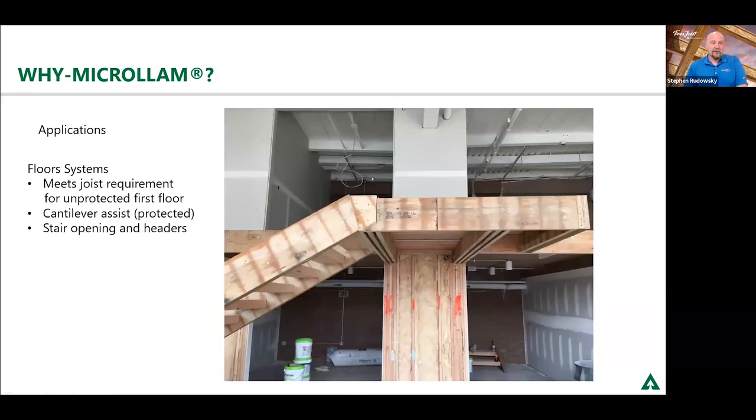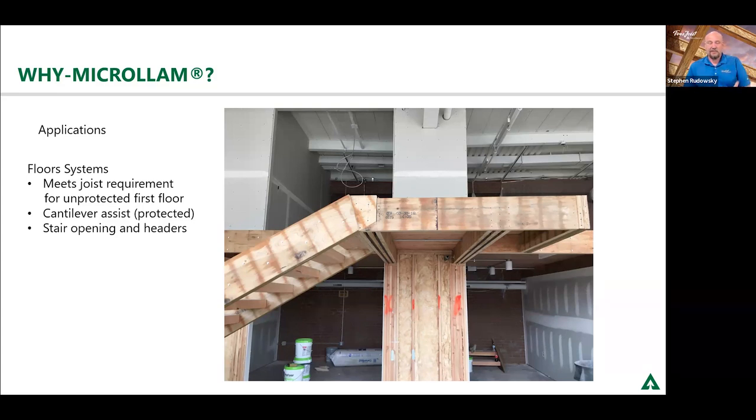Floor systems is another big application, depending where you are in the US. It meets the floor joist requirement for unprotected first floors. And what I mean by that is if you have anything of a crawl space that's over 4 feet that can have storage or contains gas-fired appliances, this works with the fire requirements for the burn requirement of a 2x10.